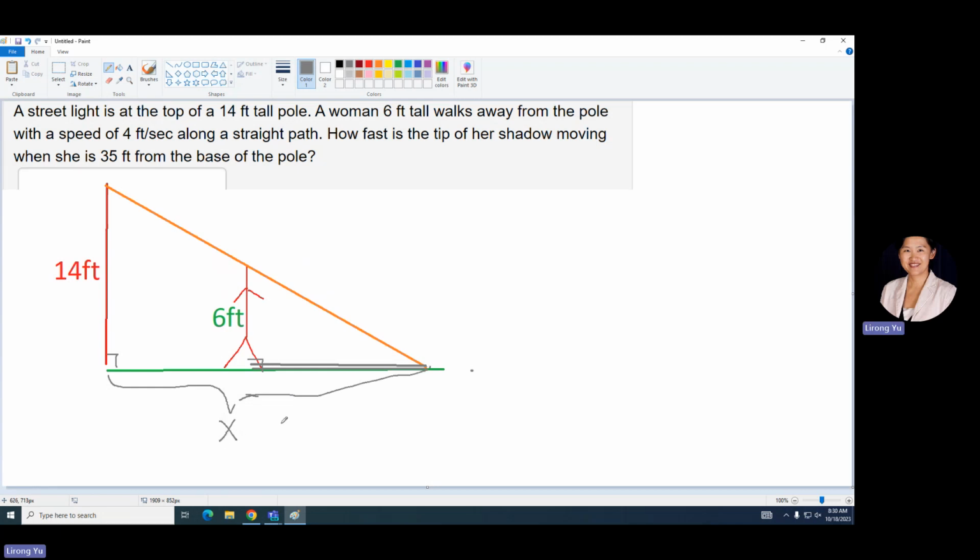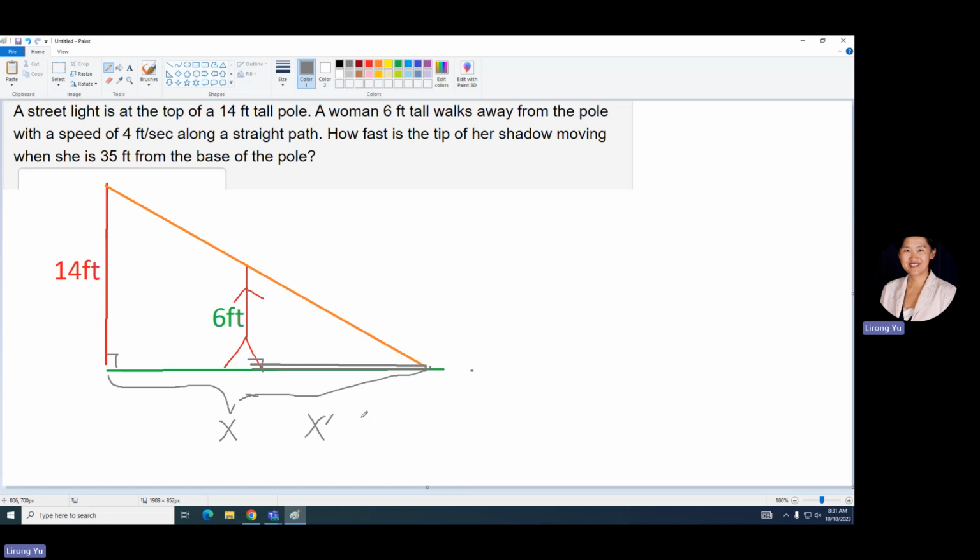So x will be the distance from the base of the pole to the tip of the shadow. The beginning of x does not move. The ending is moving. So if you find the derivative, x prime represents the rate of change for x. Of the initial point and terminal point, only the terminal point is moving. So x prime will represent the rate of change of that point, because this one does not move.